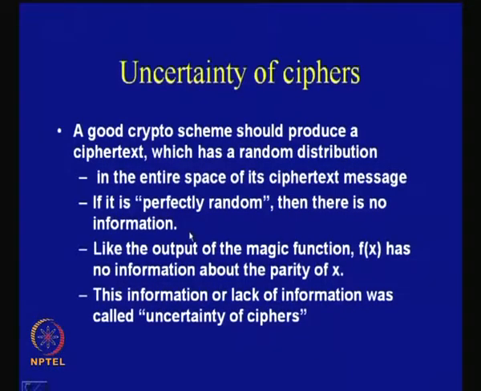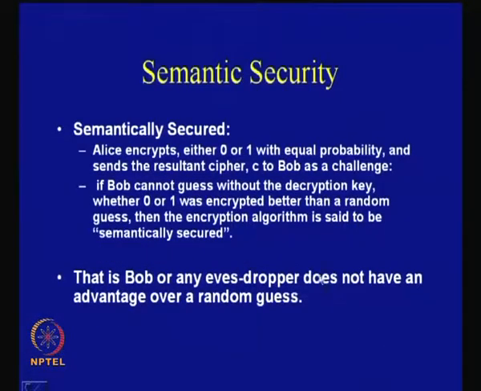We will try to measure these terms, like perfect randomness, information, and uncertainty, and we rely heavily on the theory of probability and develop the theory of information using these probabilistic notions.